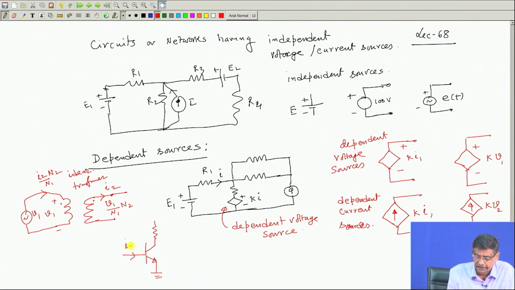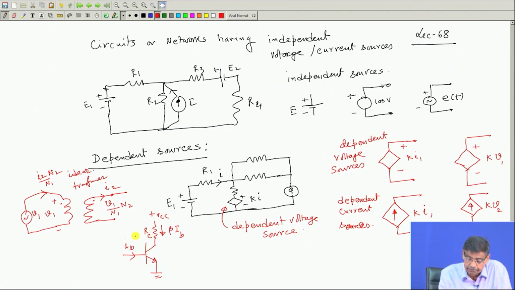This base current and this collector current, plus VCC etcetera, this current is beta into IB if the transistor is in the active region, and its magnitude is not dependent upon the value of RC.